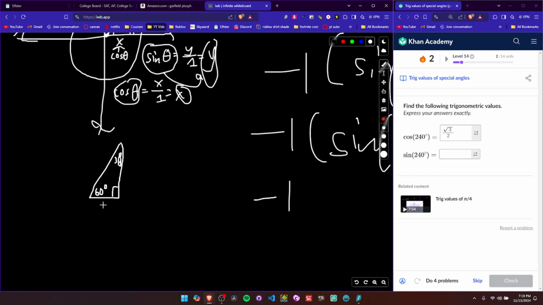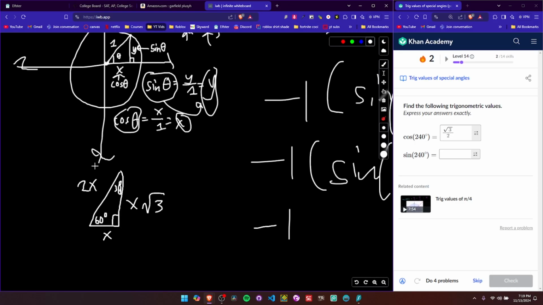Let's call this short side x, the side length opposite of the 30-degree angle. The hypotenuse is always going to be 2x, no matter what. And the longer side, opposite of the 60-degree angle, is going to be x root 3.